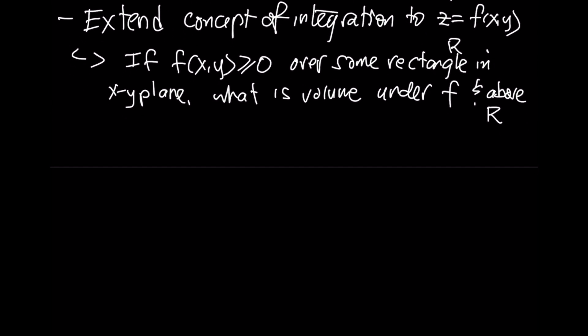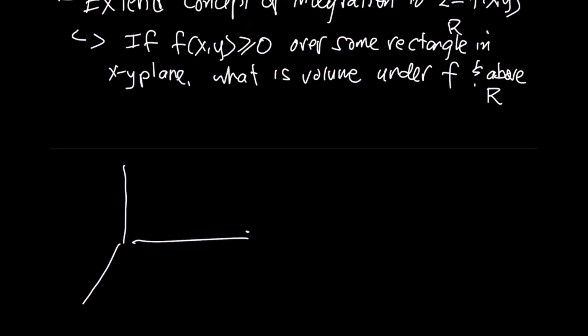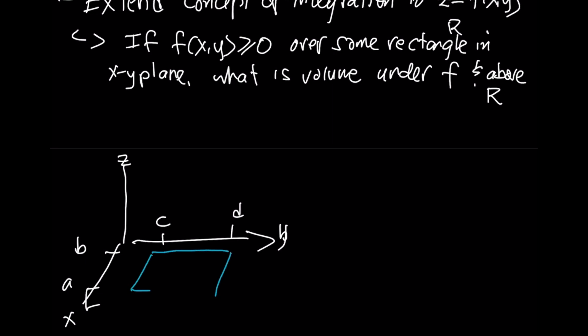Now, to try to illustrate this to you, here's the idea. As always, here is our usual 3D coordinate system. We are going to have some sort of rectangle that lies in this xy plane. And we're going to define this rectangle as all the points that satisfy x is between a and b and y is between c and d.